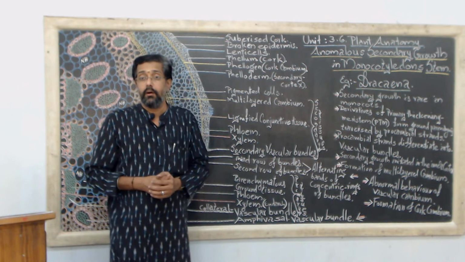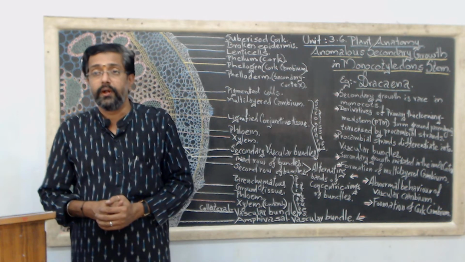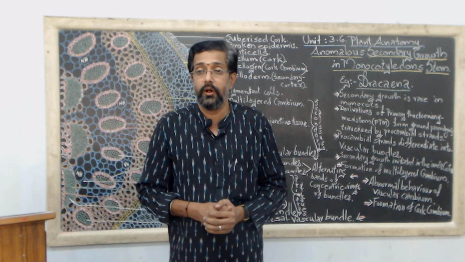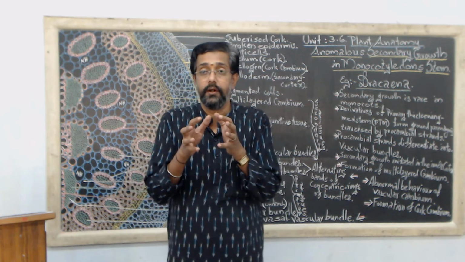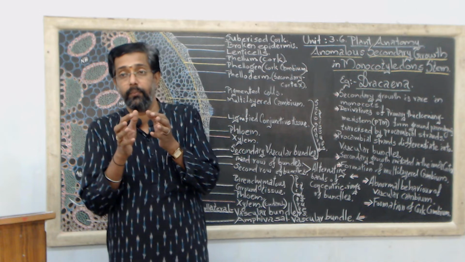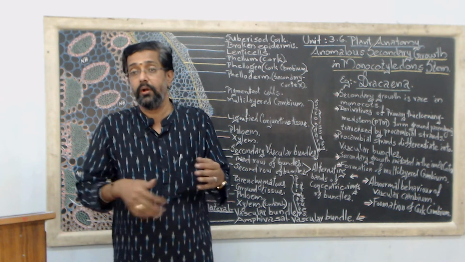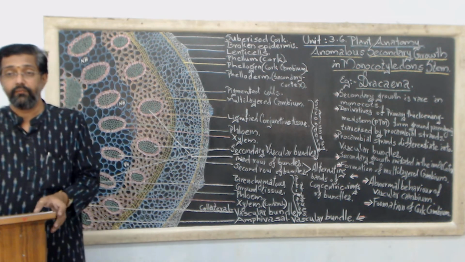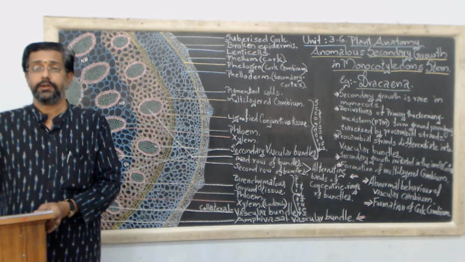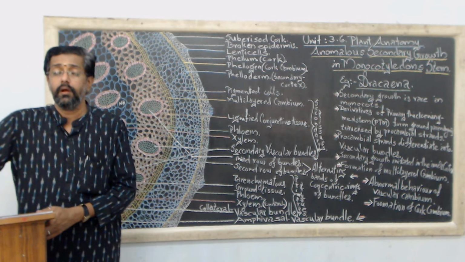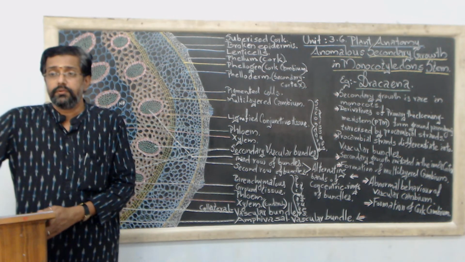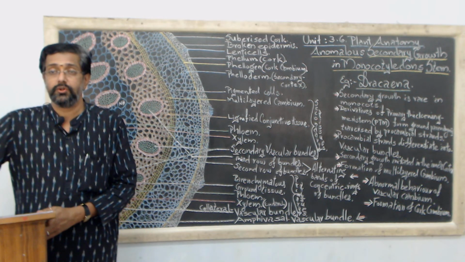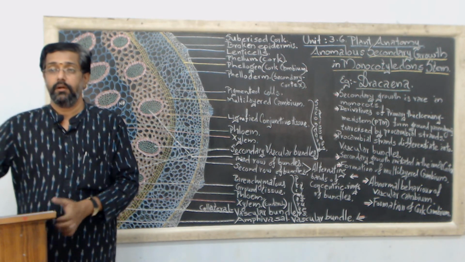That is, those bundles formed during secondary growth and thickness have the structure in which the center is completely filled with the phloem, and the phloem is completely surrounded by the xylem elements. Such bundles are called amphivasal vascular bundles. So this is the general nature of anomalous secondary growth and thickness in monocotyledonous plants, for example, Dracaena. Thank you.